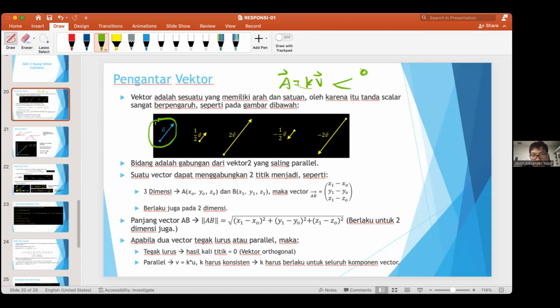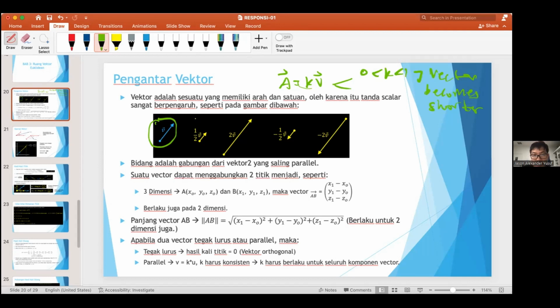If K is between 0 and 1, the vector becomes shorter, as you can see here.